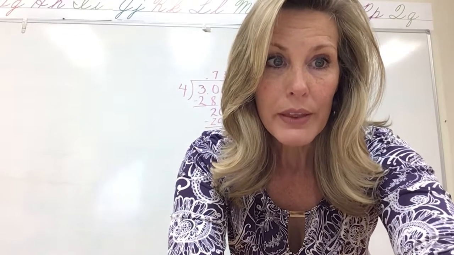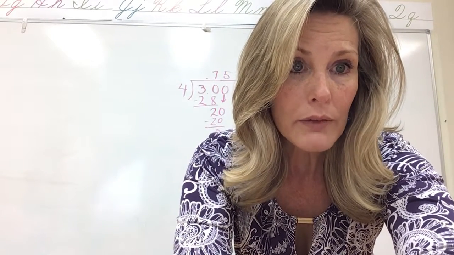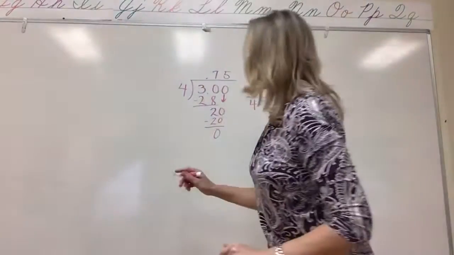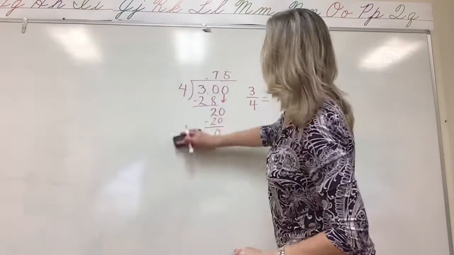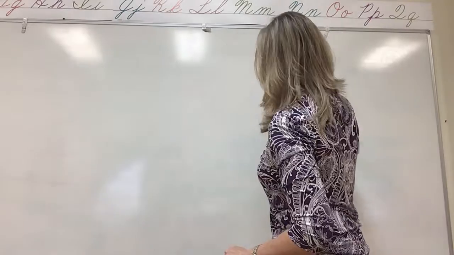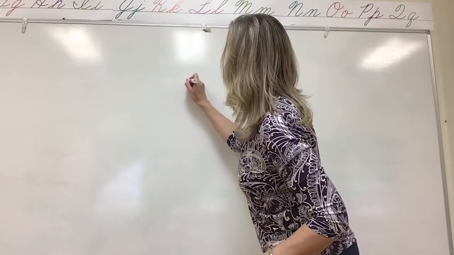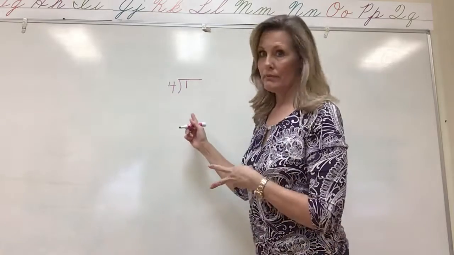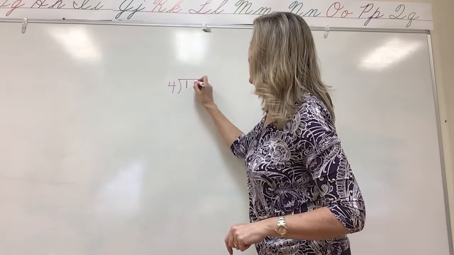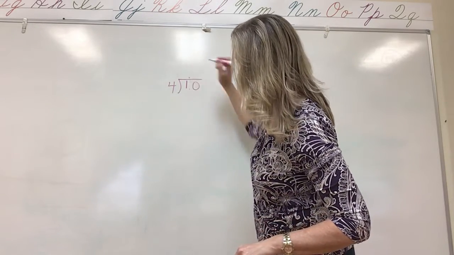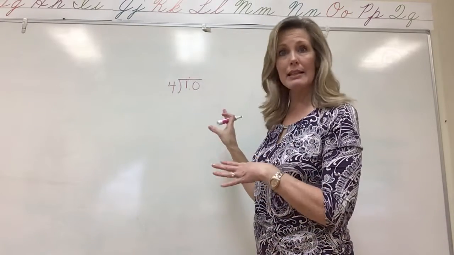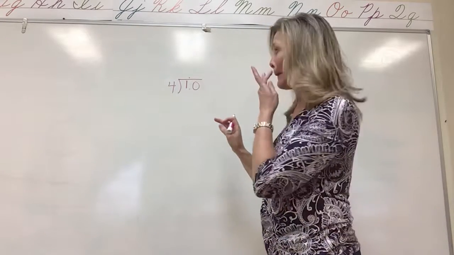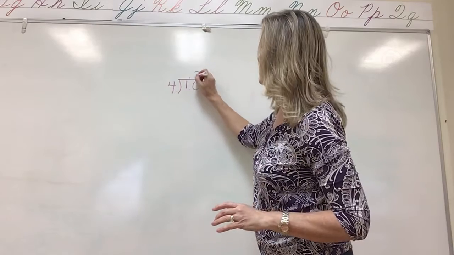And I'm going to start with A. I have 1/4. So I'm going to divide 1 by 4. Doesn't work, so I annex, put my decimal in my answer right away. As soon as I annex that decimal, I want to put it in my answer. 4 into 10 goes twice.